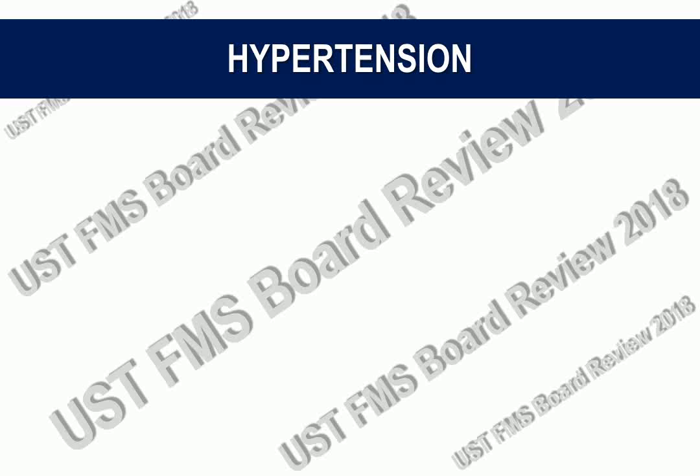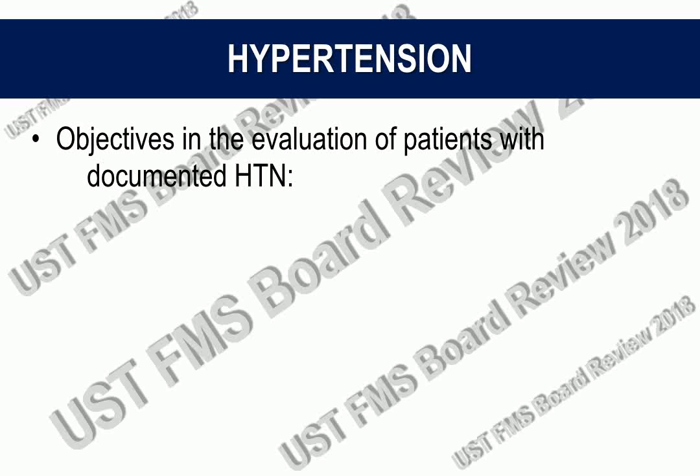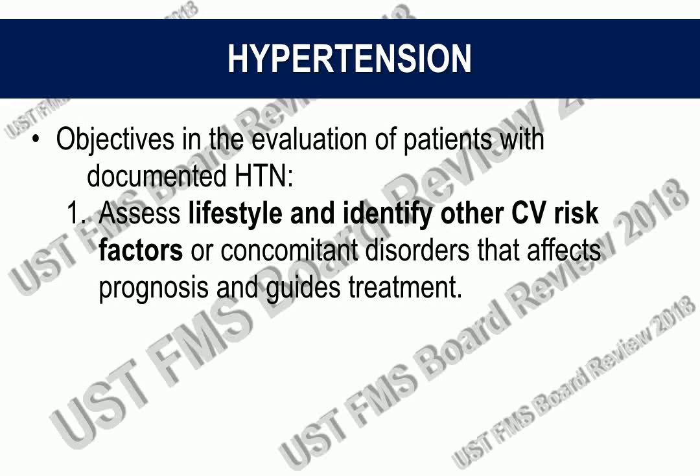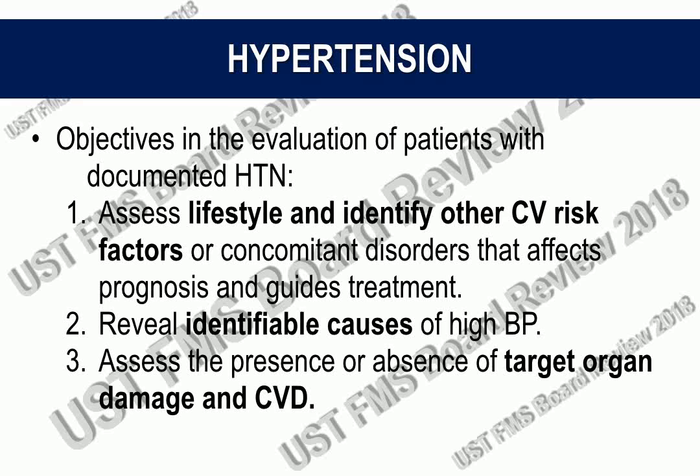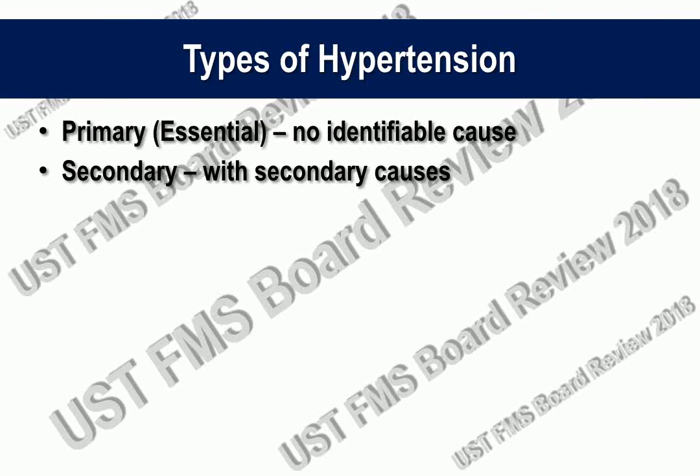So in the evaluation of patients with a documented hypertension, the objectives consist of assessing the lifestyle as well as identification of cardiovascular risk factors that would affect prognosis and guide treatment. You need to reveal identifiable causes of high blood pressure, and most importantly, you need to assess the presence of target organ damage and cardiovascular disease.